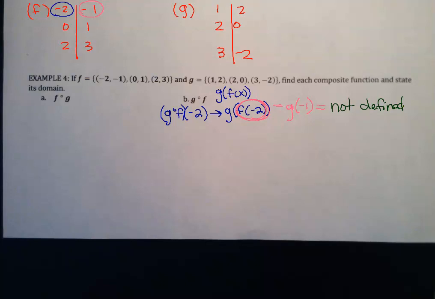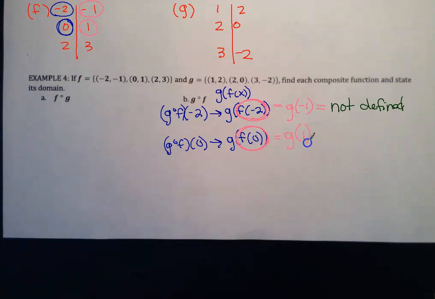Okay, so next we're going to do the g of f for our next x value in the f function, so 0. I can rewrite that as g of f of 0. So in my f function, when my x is 0, what is the f of x? Brandon? 1. Okay, I'm replacing that whole chunk with 1.